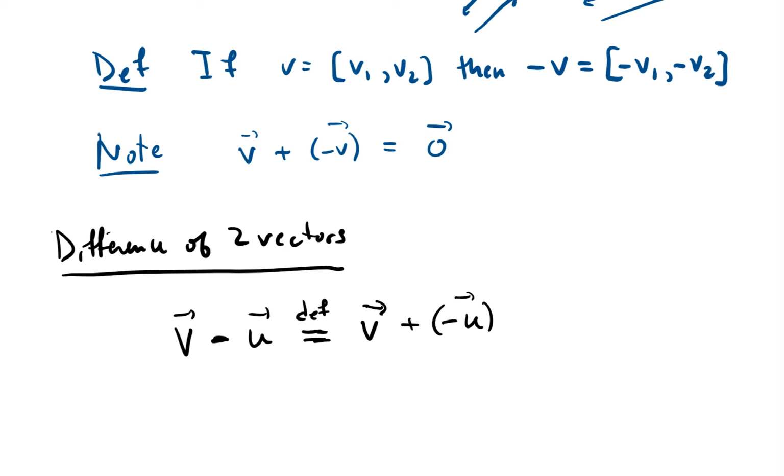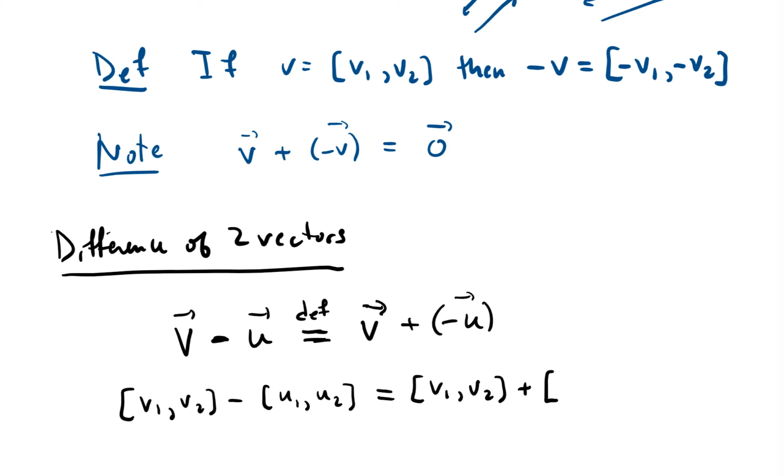In terms of coordinates, it's also very easy to see what this is going to be like. If I do v1, v2, let's say we're in 2 space, minus u1, u2, according to the definition I'm going to do v1, v2, to which I will add the opposite of u. What's the opposite of u? It's minus u1, minus u2.